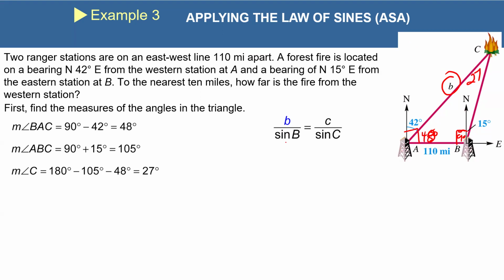No. So my proportion is going to be b over sine B equals c over sine C. So we do not know b, but we do know angle B, and angle B is 105 degrees. We do know c. c is our distance between A and B, and that's 110 miles. And then we do know angle C, which is 27 degrees.